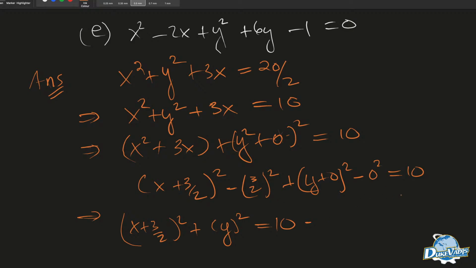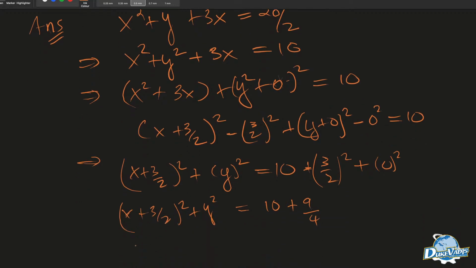So that's over here minus that, so that will be plus 3 over 2, squared, and that of 0 squared. Okay, so we have our x plus 3 over 2 squared plus y squared is equal to, this will be 10 plus 9 over 4.